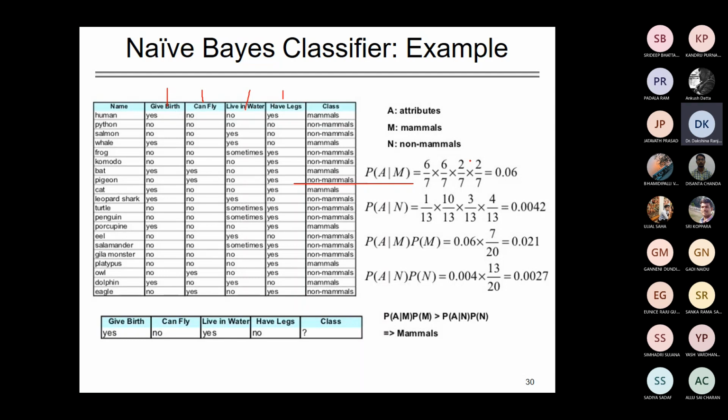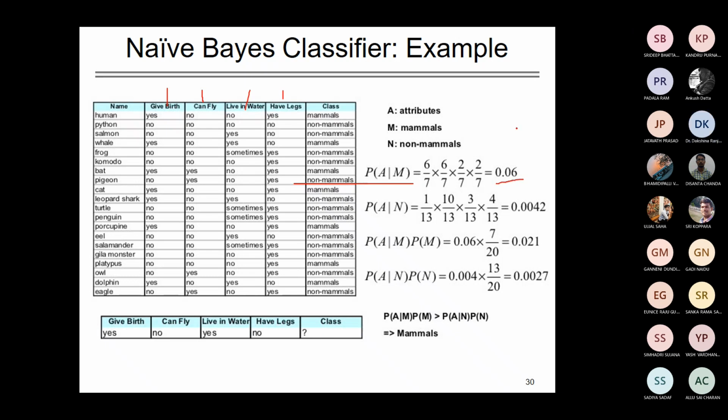We can see from this data set that there are two such mammals who have no legs. So we can get the individual marginal estimation independently, and then we take the product of these marginal estimations. This will give us the probability of attribute given mammals.